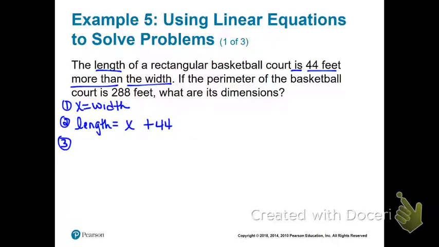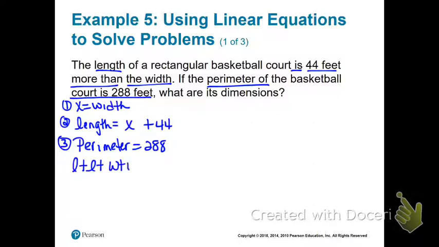All right, now to write out our equation. It says if the perimeter of the basketball court is 288 feet, so the perimeter equals 288 feet. Remember the perimeter of a rectangle: opposite sides are equal, and perimeter is all the sides added together. So we have a length plus a length plus a width plus a width to equal the 288.